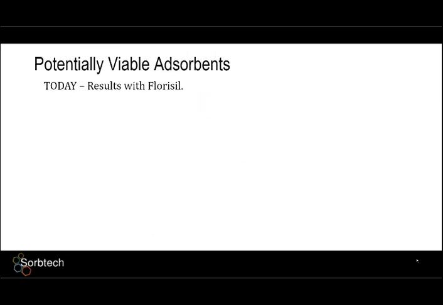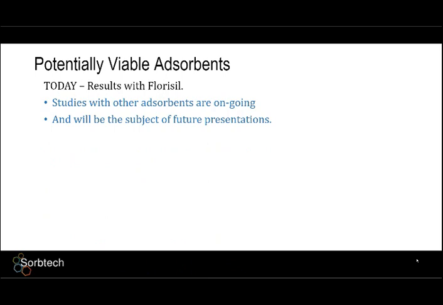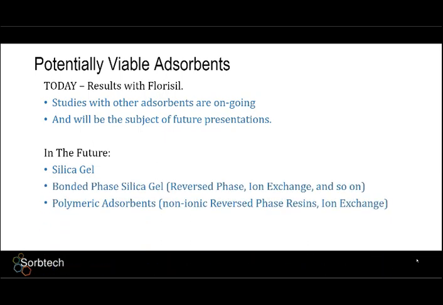So today we're presenting results with Florisil, and studies with other adsorbents are ongoing and will be the subject of future presentations in this series. And we'll look at silica gel, bonded phase silica gel, polymeric adsorbents, both reverse phase and ion exchange, as well as activated alumina.